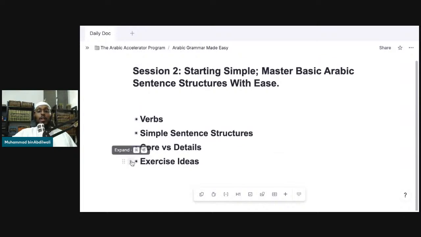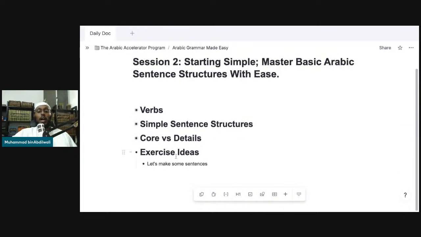And then finally, we're going to exercise. Now, I have a very good exercise for us, inshallah, at the end of the lesson, which is we're going to make some sentences. What better way to implement what you've learned about simple sentence structures than actually making sentences yourself. So we're going to revisit the words of the vocabulary challenge.